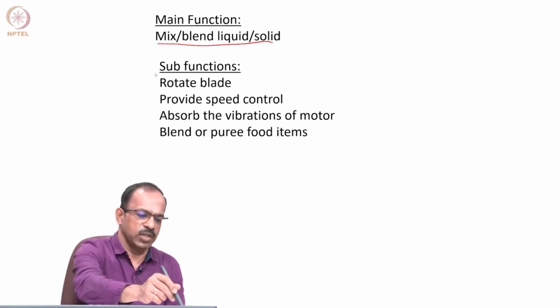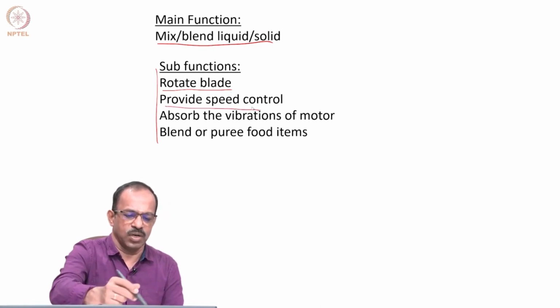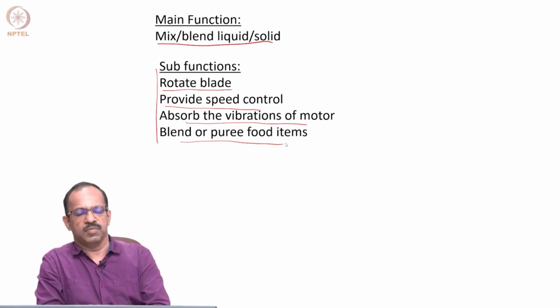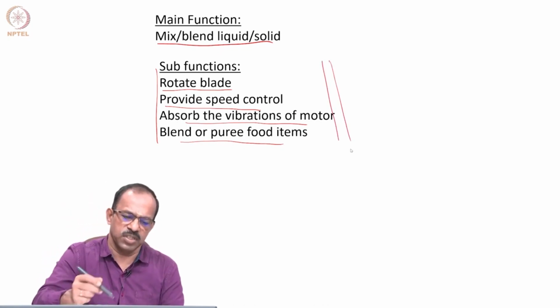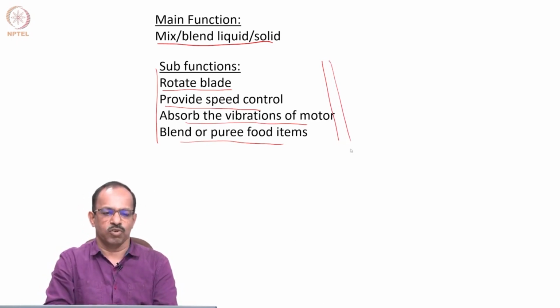And in order to do that, we need to have many sub-functions, basically to rotate the blades, provide speed control, absorb the vibrations, and blend or puree the food item. These are the things which need to be accomplished in the product in order to achieve the main function of mixing or blending liquid and solid.